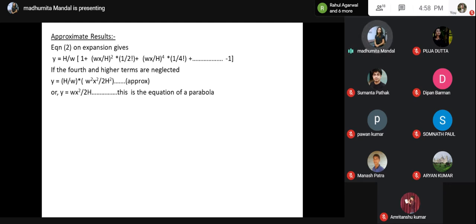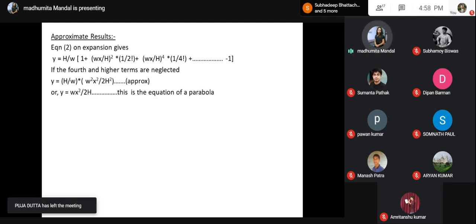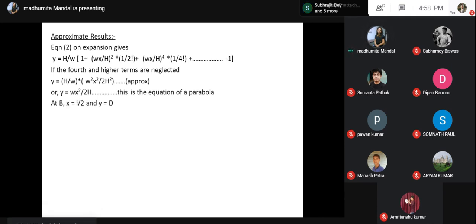So the final equation is y is equal to w x squared by 2h. So this equation is basically the equation of a parabola. If we use the parabolic method, then this equation will be considered. But if we take the catenary method, then obviously the hyperbolic cosine terms have to be considered.